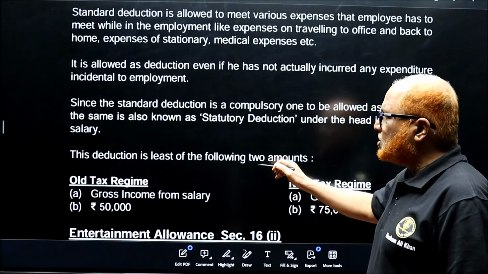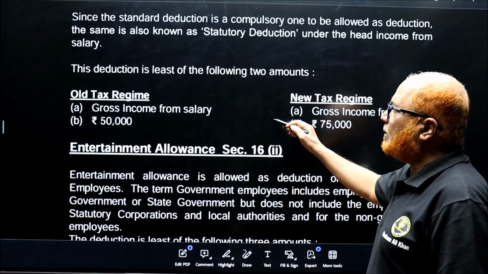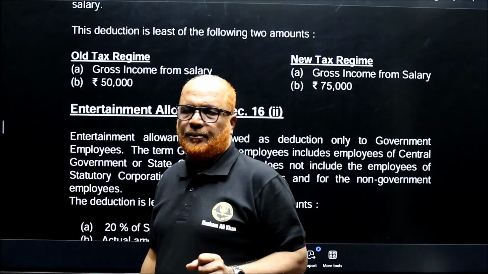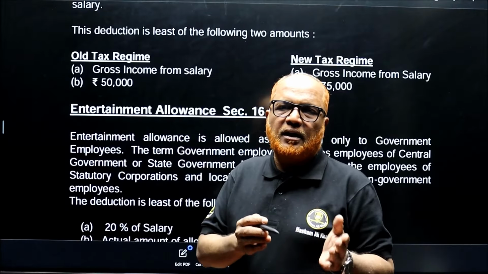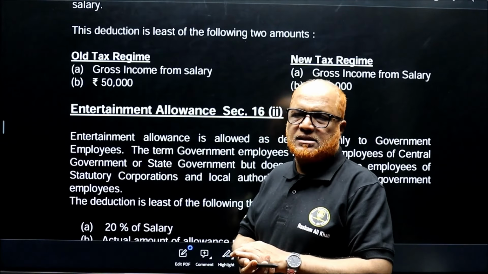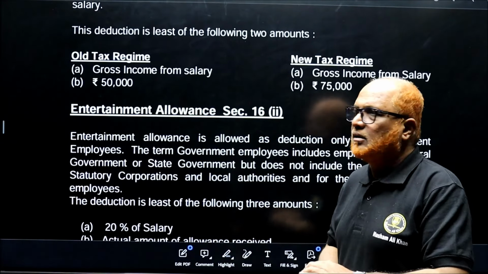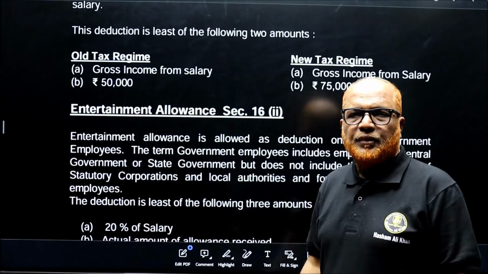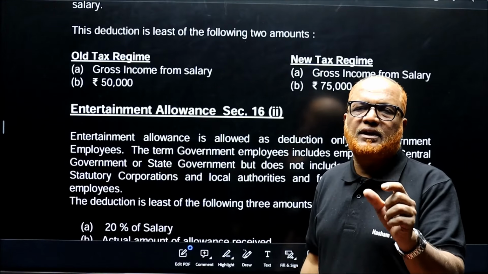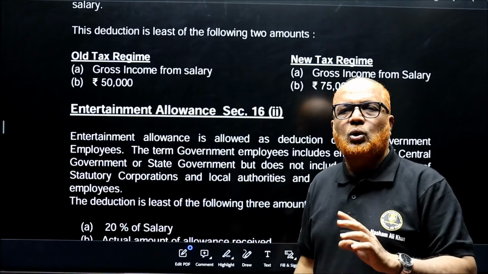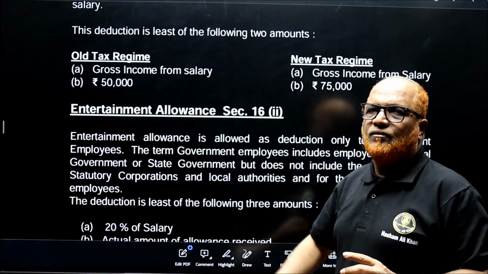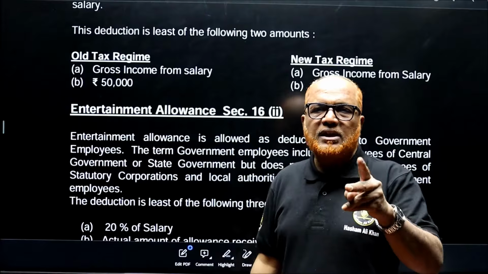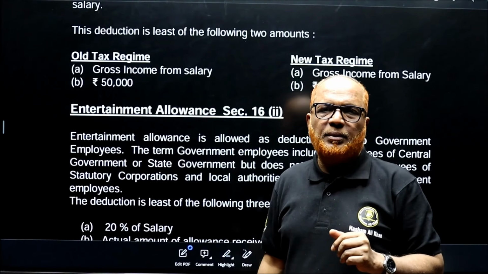So how much is the standard deduction? The least of the following two amounts will be given as standard deduction under section 16(1)(a). I have specified here both the old regime and the new default tax regime. Under the old tax regime, it is the gross income from salary or a fixed amount of 50,000, whichever is lower. Suppose the gross income from salary is 40,000, whereas the limit is 50,000. Whichever is less, 40,000 is less, so that will be given.